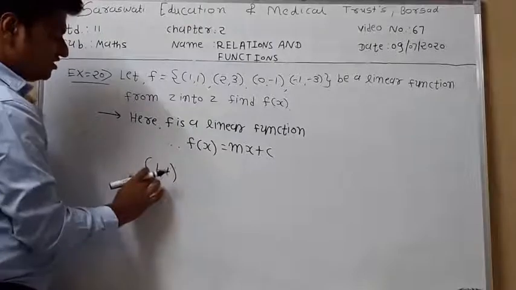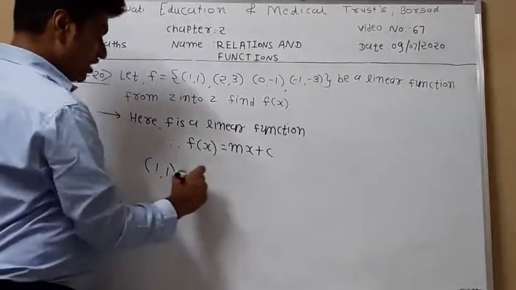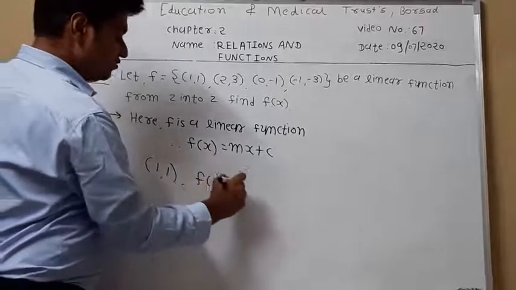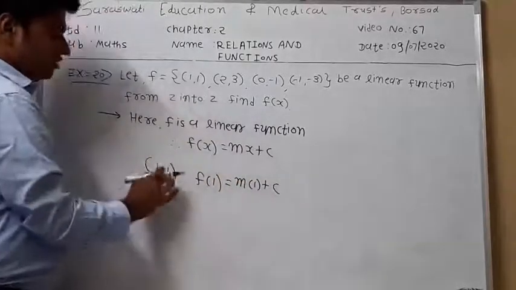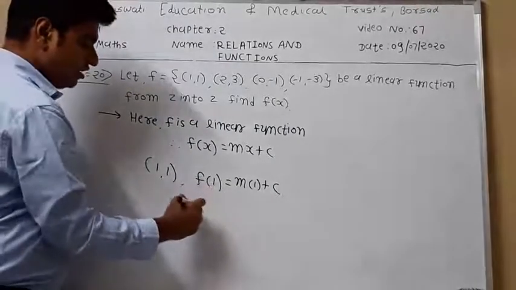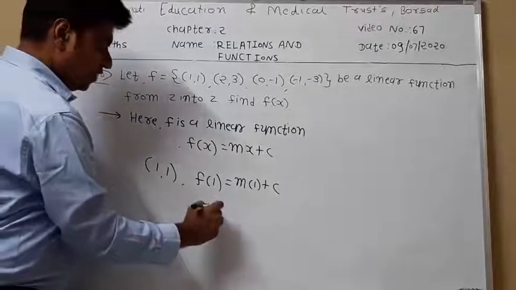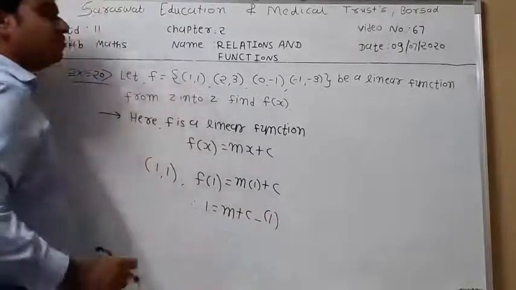That means x is replaced with 1 in this equation. So f of 1 is equal to m times 1 plus c. But f of 1 is equal to 1, because the range value is 1. So 1 is equal to m plus c. This is equation number 1.